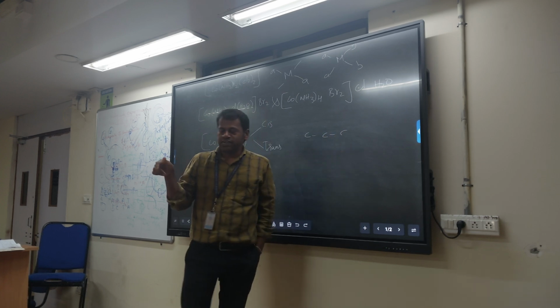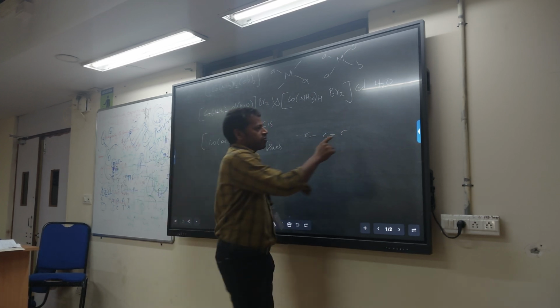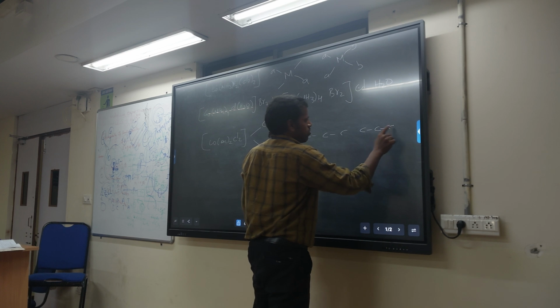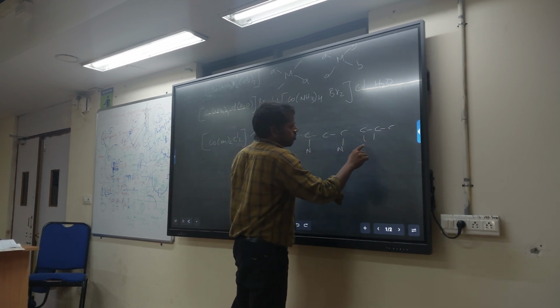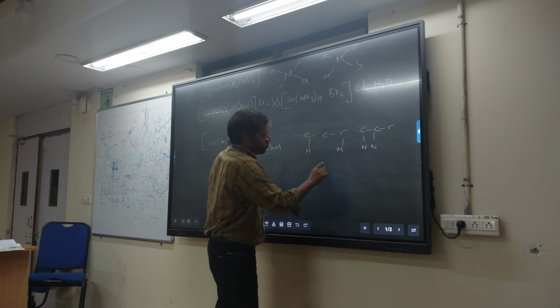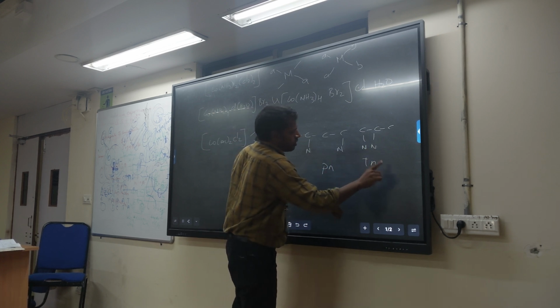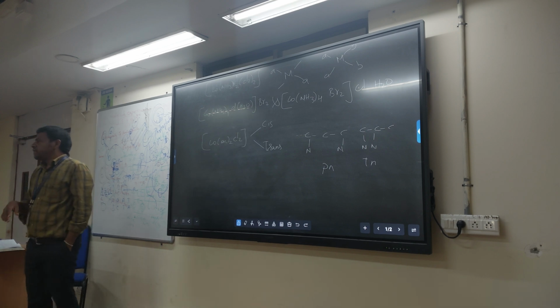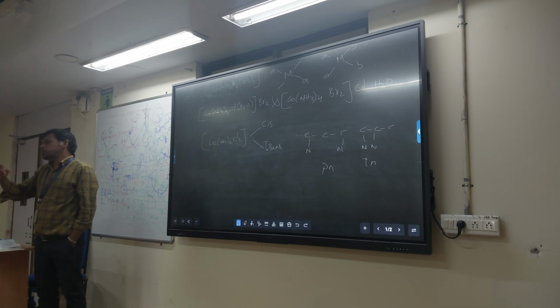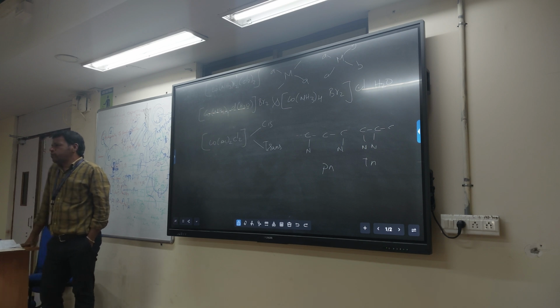I think last class I discussed this one. This is the pn. This is tn. Propylene diamine, 1,3 position, that is pn. 1,2 position, that is tn, 1,2 diaminopropane.